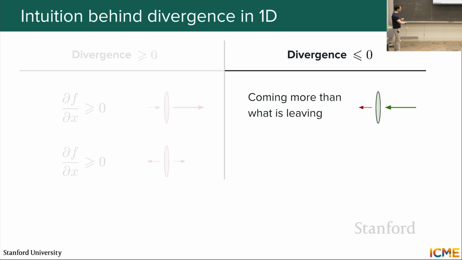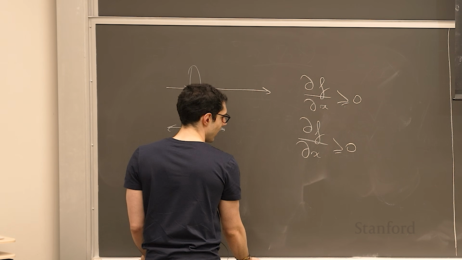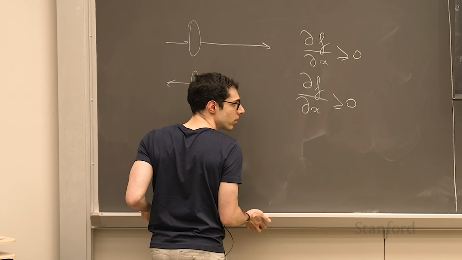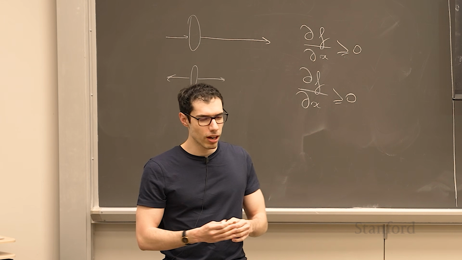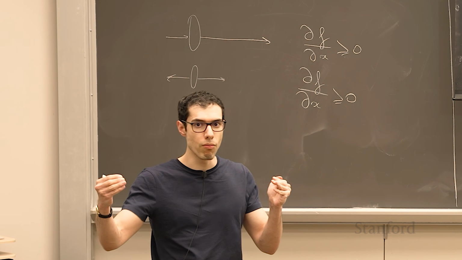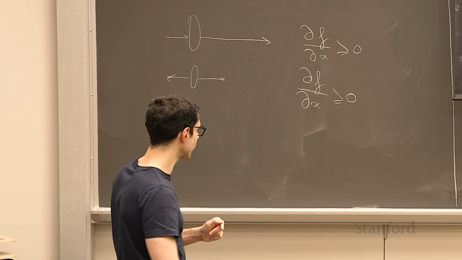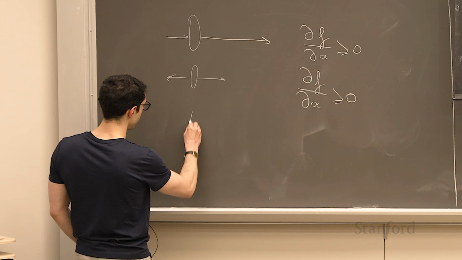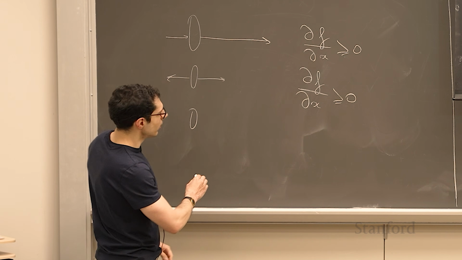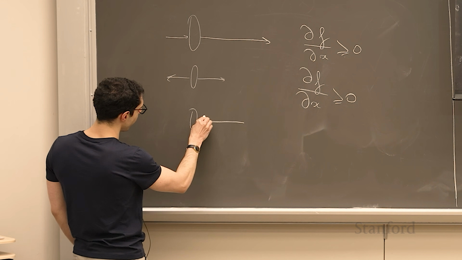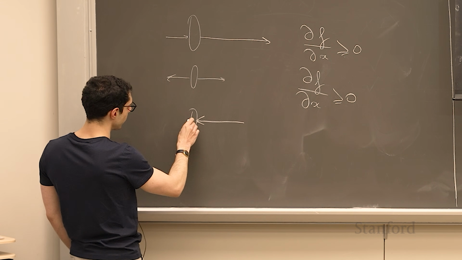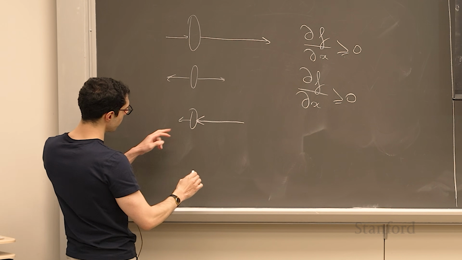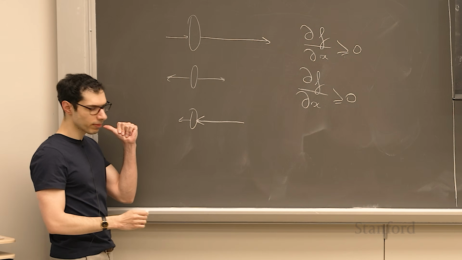So now let's see the other case. So let's assume that we have now the case where we want our operator to be negative when there is quote unquote more coming in than leaving. So here again, this example. So you have, let's say, a bigger vector here coming, and then a smaller one leaving.